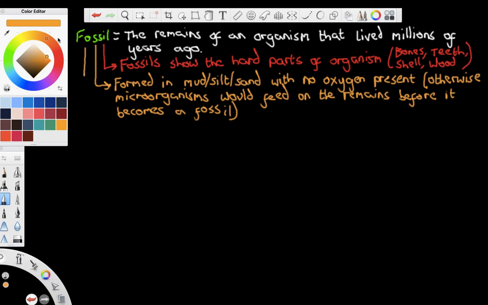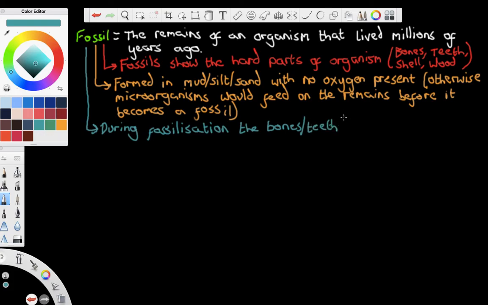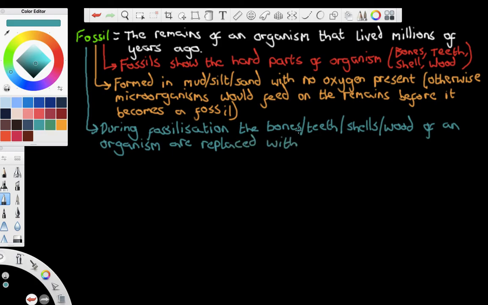So we can say that during fossilization, the bones, teeth, shells, or wood of an organism are replaced with minerals. Okay?